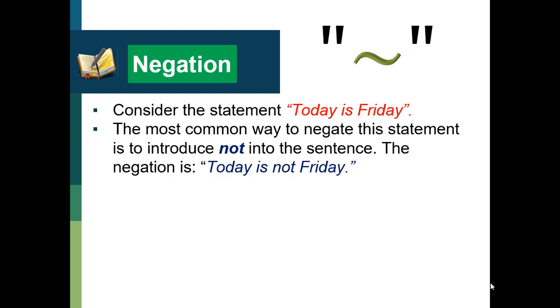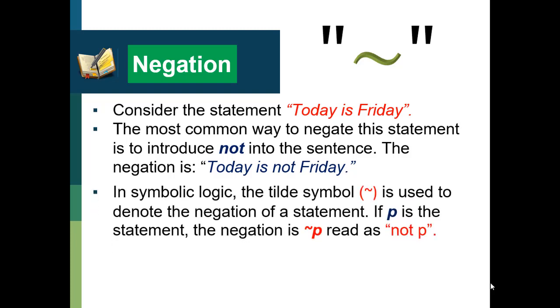The negation of the sentence today is Friday is today is not Friday. In symbolic logic, the tilde symbol, the one that was presented, is used to denote the negation of a statement. For example, if P is the statement, the negation is tilde P. This is read as not P.